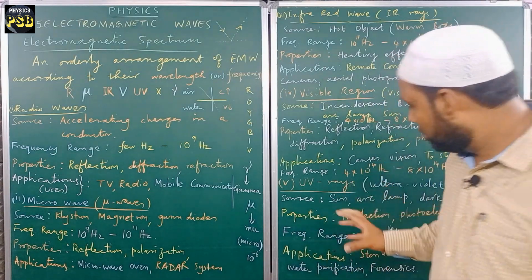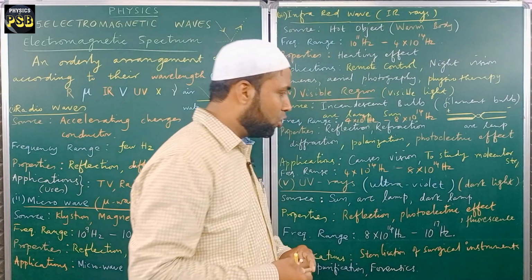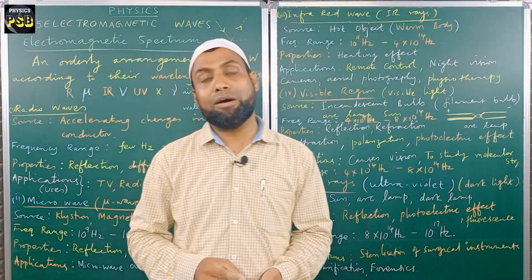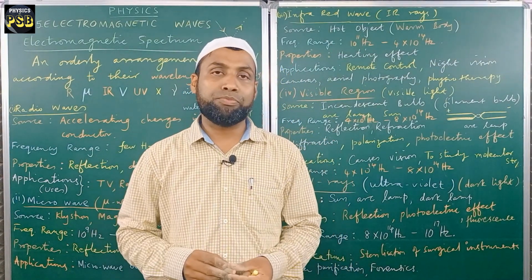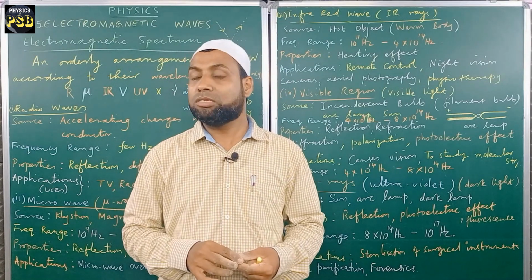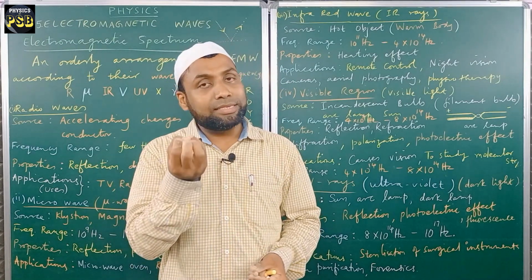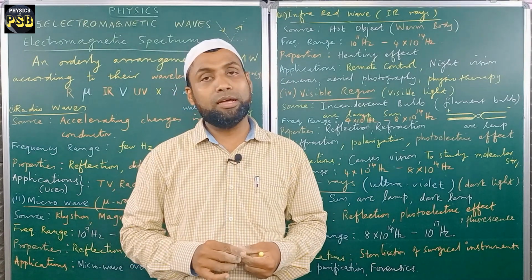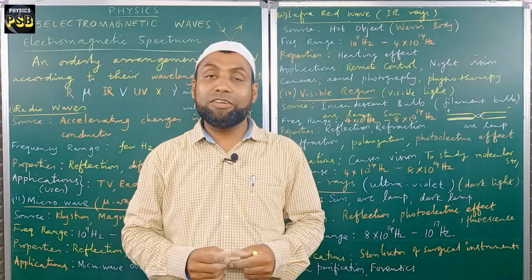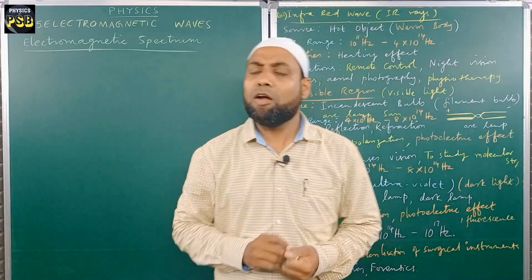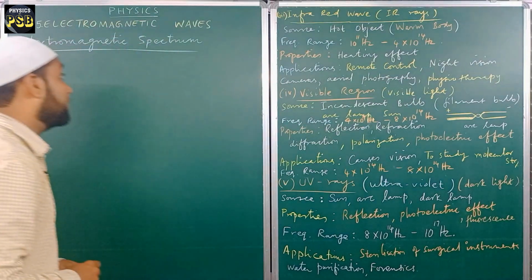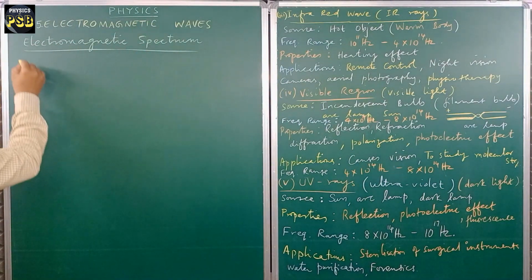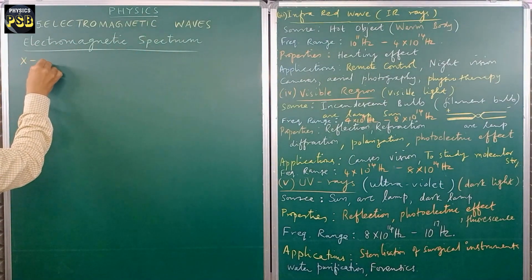Such kind of property is referred to as fluorescence. On a highway side, you might have observed signboards. When light falls on such a signboard, it starts glowing. Okay, that phenomenon is referred to as fluorescence. Now we'll discuss the next region of the electromagnetic spectrum, which is nothing but X-rays. We'll talk about the X-rays.